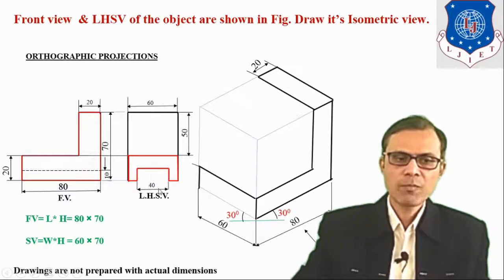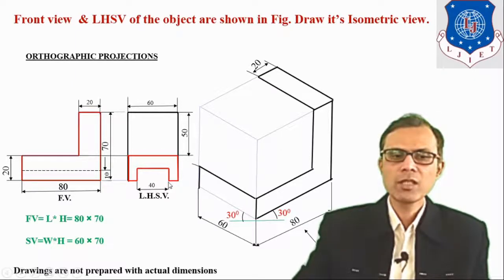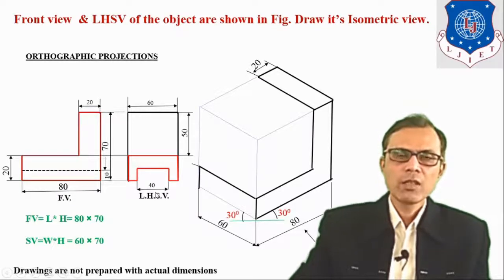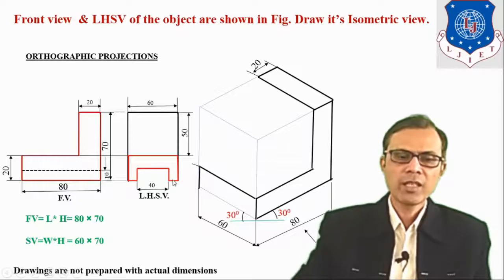Now for this part, it is a cut part as it can be seen here, and this dimension is not given. Width of these steps, both of these steps are not given. But here this cut part width is given, and that is 40. So total width is 60. 60 minus 40, that is 20.